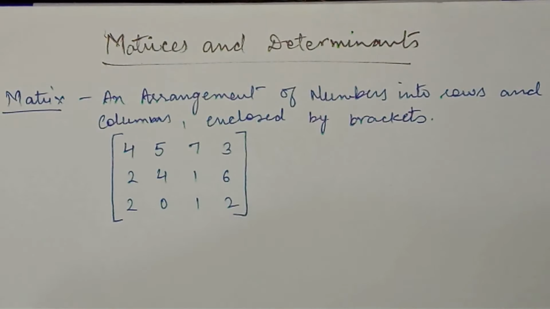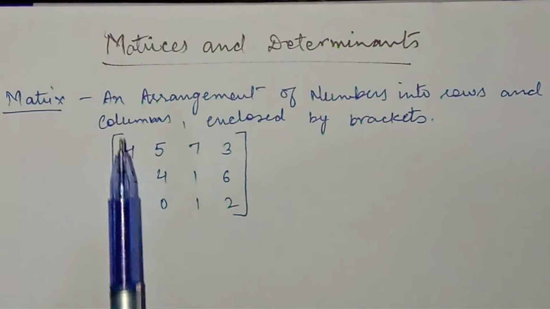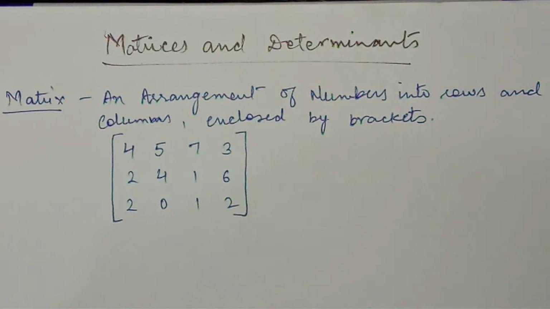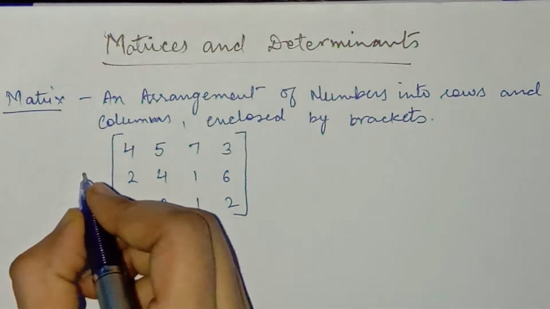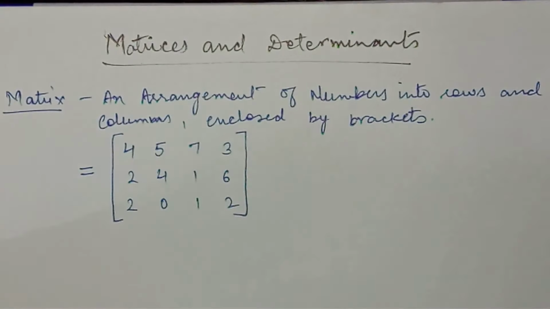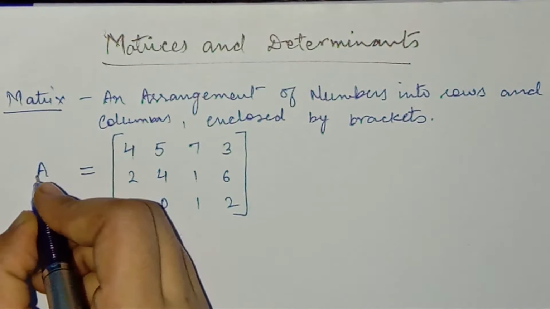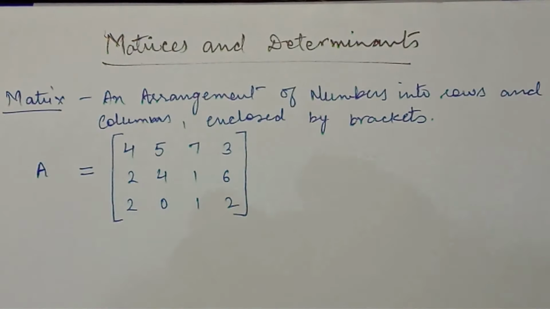This is the definition of a matrix, which is a matrix is an arrangement of numbers into rows and columns, and that should be enclosed by brackets. Only then it will be called as a matrix. A matrix generally is denoted by capital letters. So we denote it with capital letters like A, matrix B, matrix C, and so on.